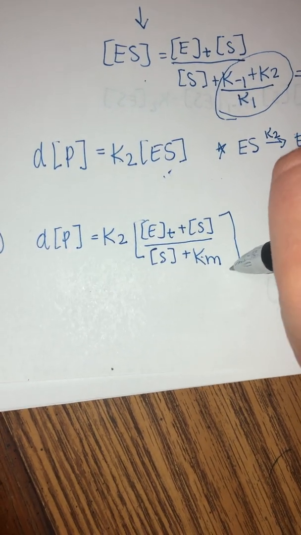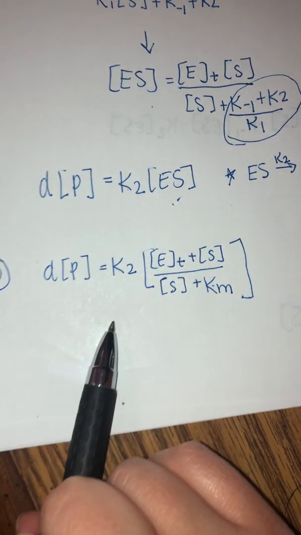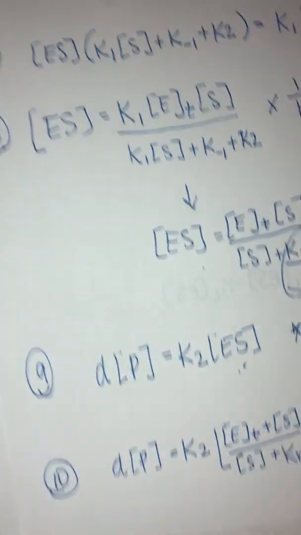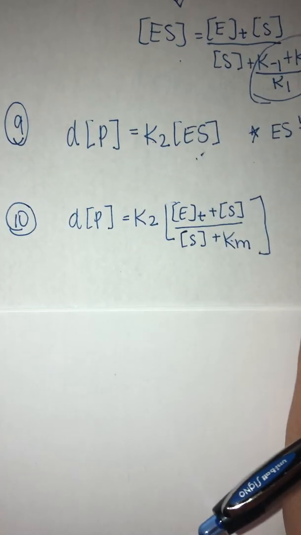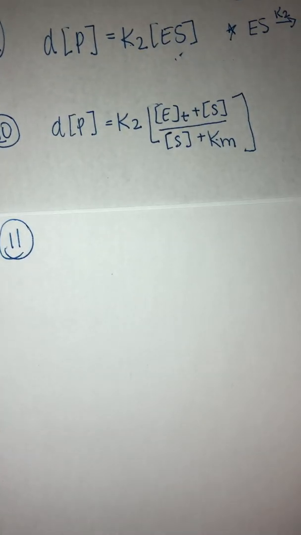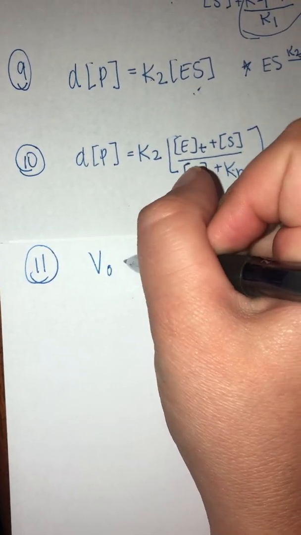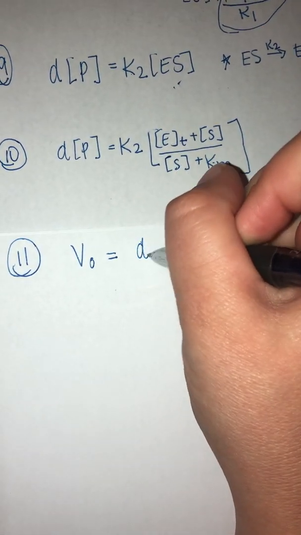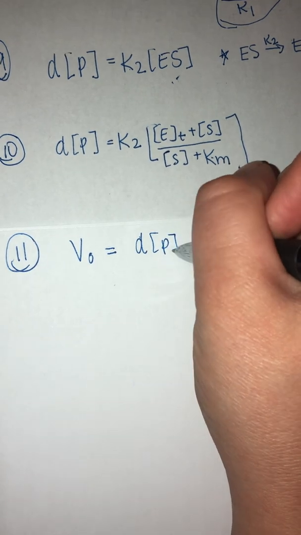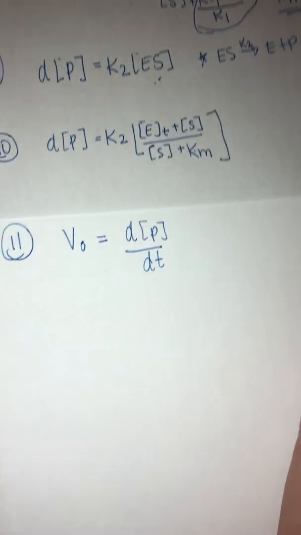this equation here. So next we're going to think in terms of velocity, okay? So let me get a clean sheet of paper here. So with this here, we know that velocity is equal to the instantaneous rate of change of the product over the total amount of instantaneous rate of change.